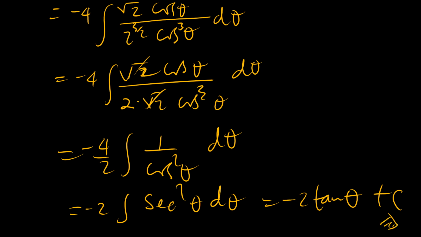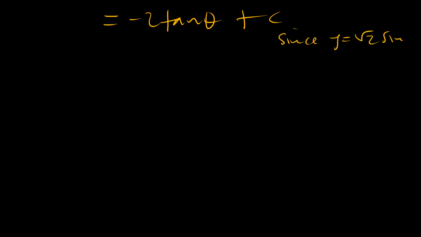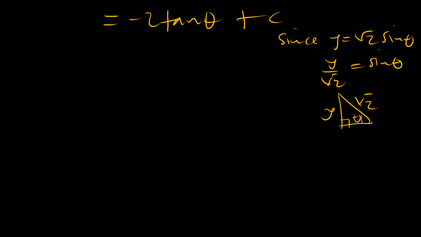So let's continue making that simple. Since our partial answer is negative 2 tangent theta plus c, and also since we said y equals root 2 sine theta, such that y over root 2 is equal to sine theta, that means if we have a right angle triangle, and the angle here is theta, and sine theta is opposite over hypotenuse, our opposite would be y, and hypotenuse would be root 2, such that our adjacent is the square root of 2 squared, which is 2, minus the opposite squared, which is y squared.